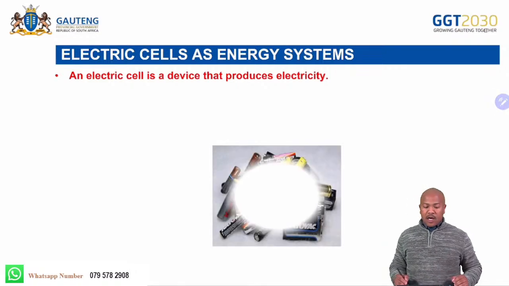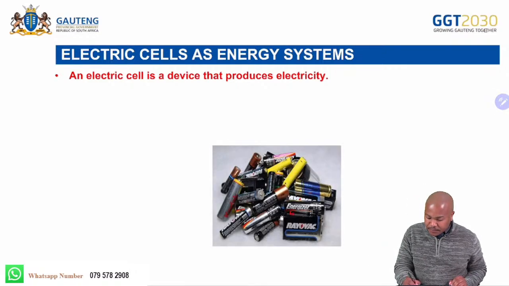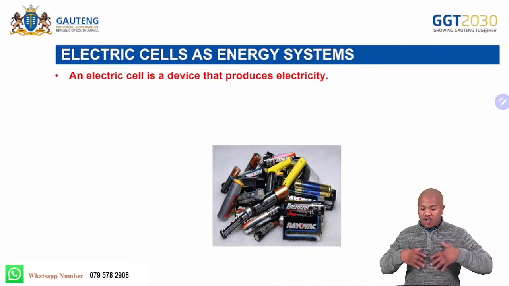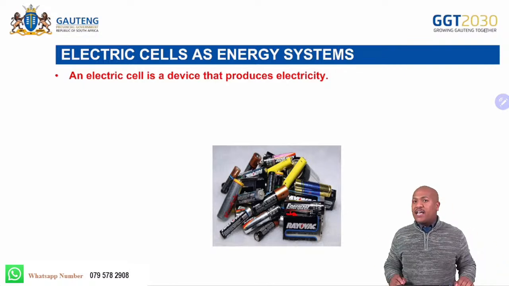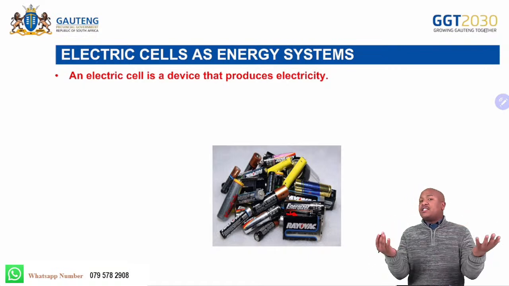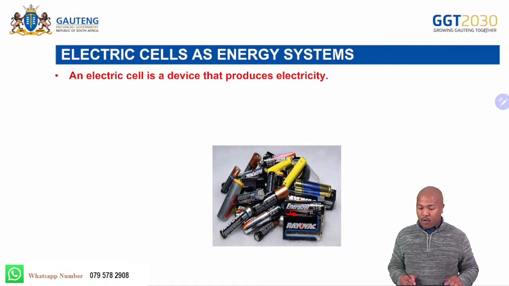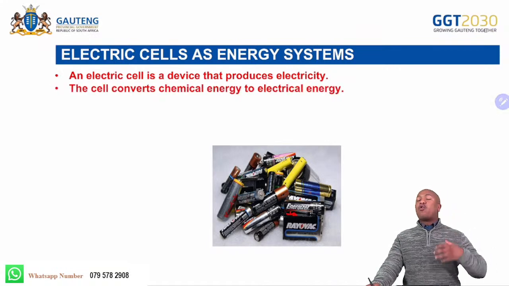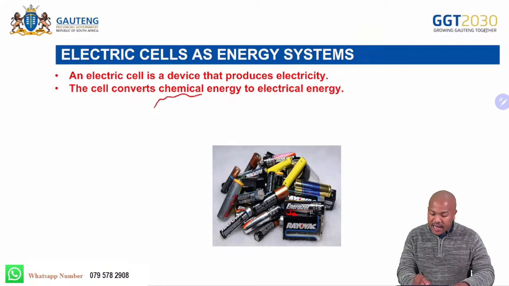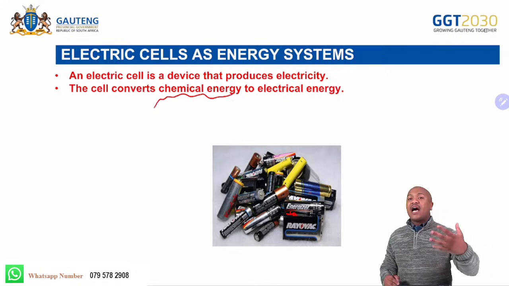Are we together? So now, here's an example again. Your Duracells, your Evereadys, and so on, right? The ones that we are used to. It has the positive terminal and the negative terminal. I'm sure we have seen this before, right? They produce electricity because they convert what? Chemical energy into electrical energy.